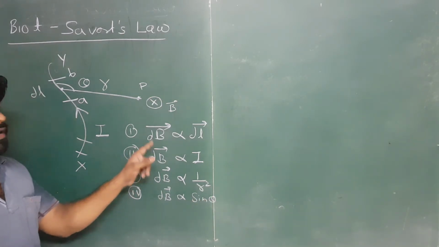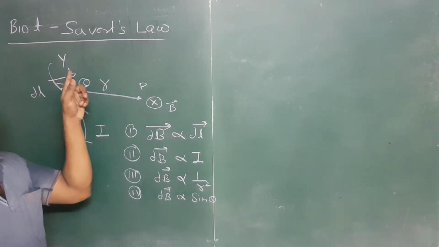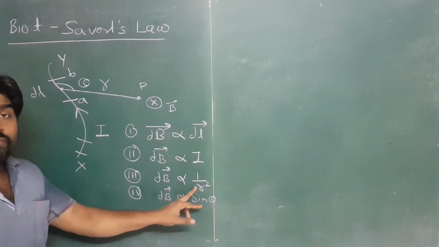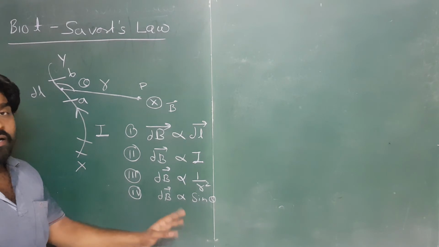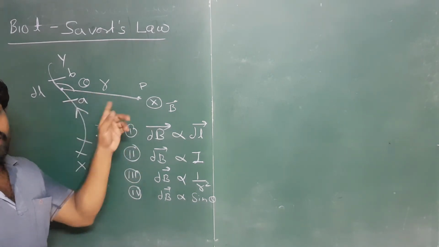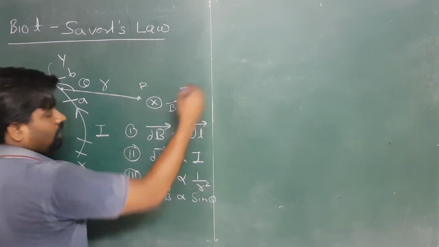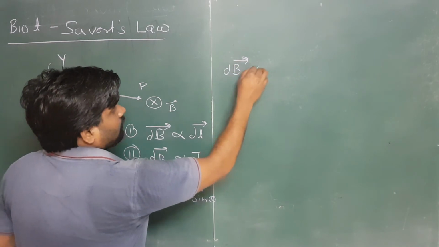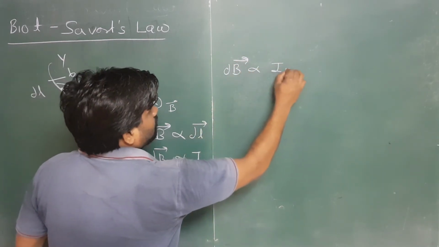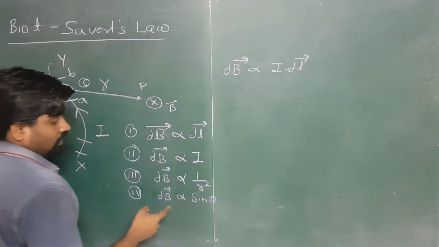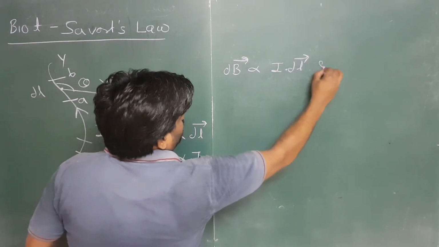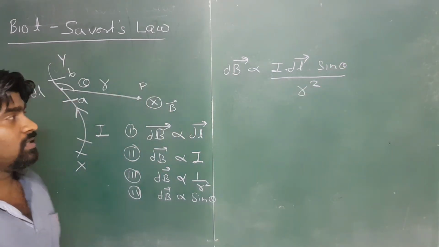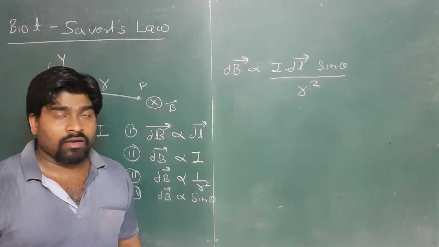So the magnetic field at this point due to the current carrying conductor depends on the length of the element, the current passing through that element, the square of the distance, inversely, and the angle made by this line. After taking all these parameters, the resultant magnetic field is proportional to I dl sine theta divided by r square.